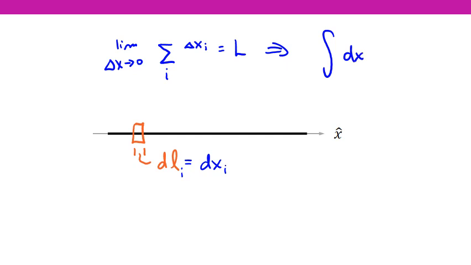For example, I might integrate this from 0 to L, and if I do that, I will get back the length of my line. So we take our object, we chop it up into little pieces, and we're going to add up all those little pieces. That's the basis of integration.